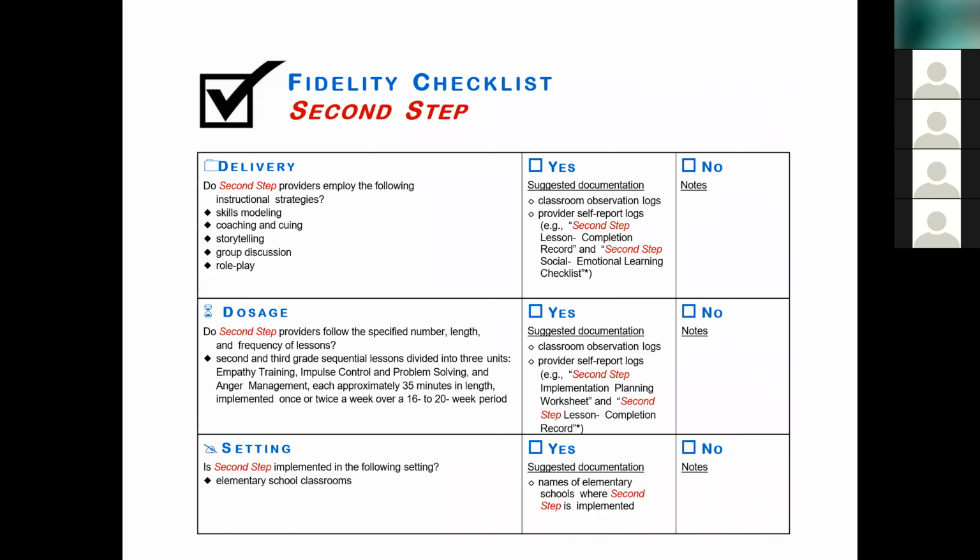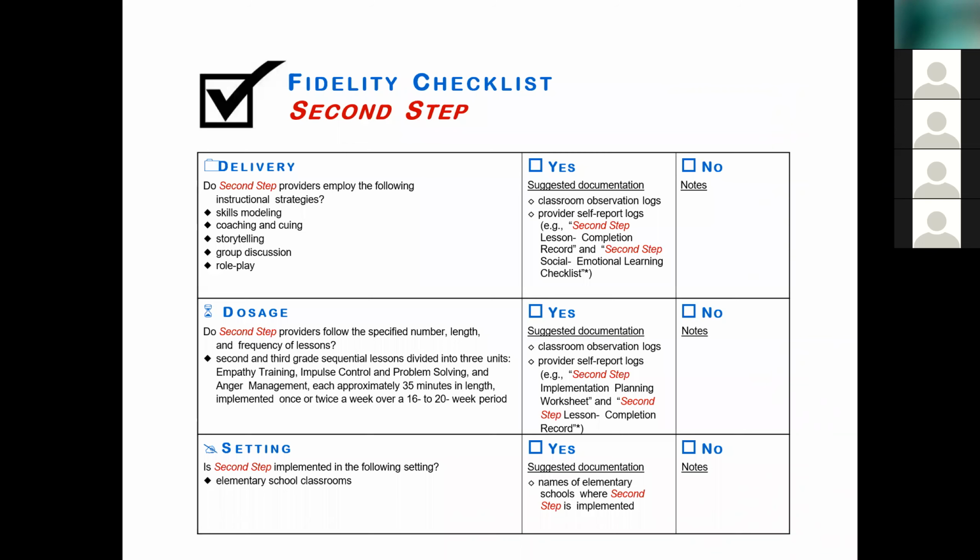So for example, in delivery, those items that you said were crucial strategies in implementing your program. How might you begin to document those? Can you do a simple yes, no? In addition here, you'll see that they said not only should they use the classroom observation logs or the provider self-report logs, which clearly their folks are filling out, ideally.